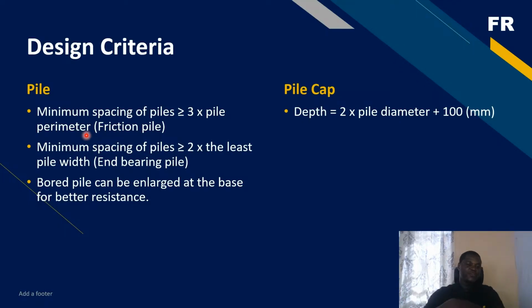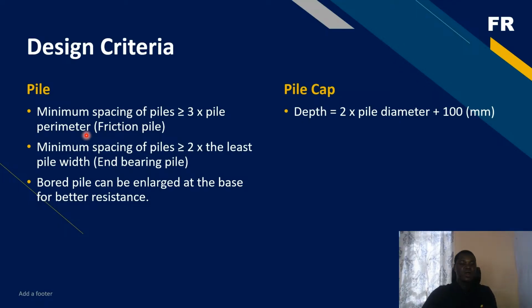If we talk about the pile itself, the first thing you should have in mind is the minimum spacing between your piles. Even though a monopile system is possible, that is, you only have one pile to support the load, what is common is that piles are usually in groups, that is, in twos, threes, fours, fives like that.